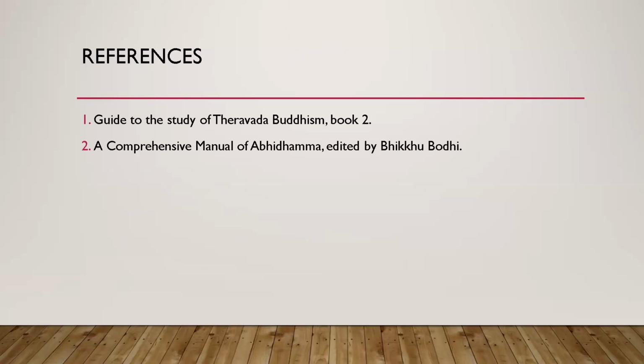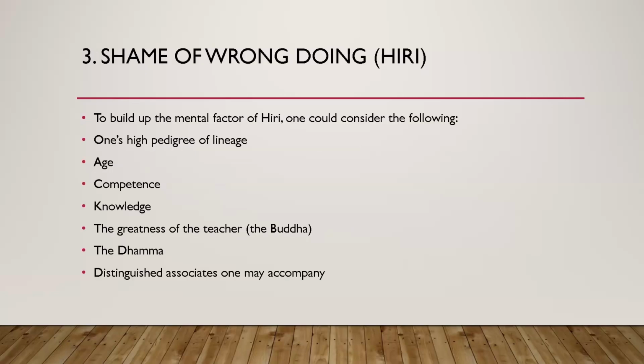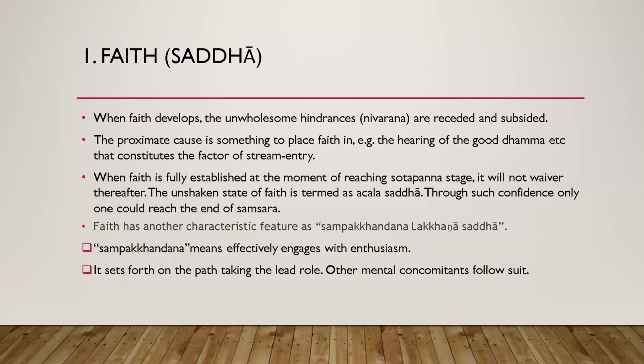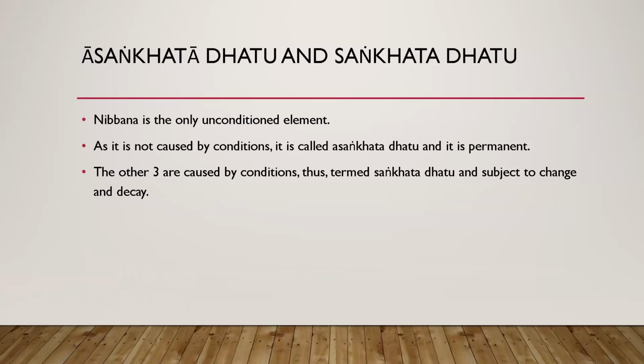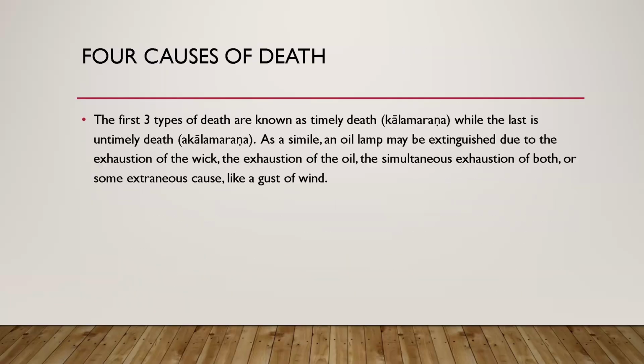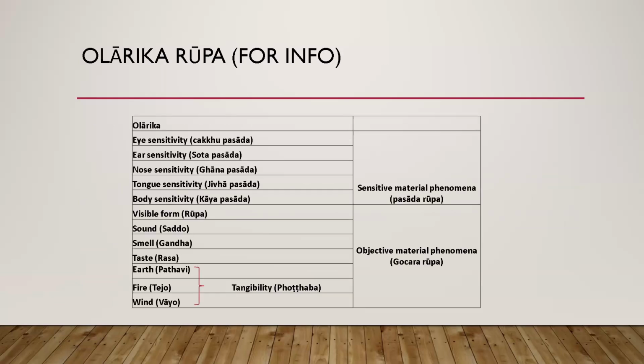None. I'll stop sharing. Your topic is what? How come it's so simple? I thought it was the Sobhana Cetasika, right? Don't worry, it's coming, next one. You have to do a more difficult one. Your last one, what's your topic?